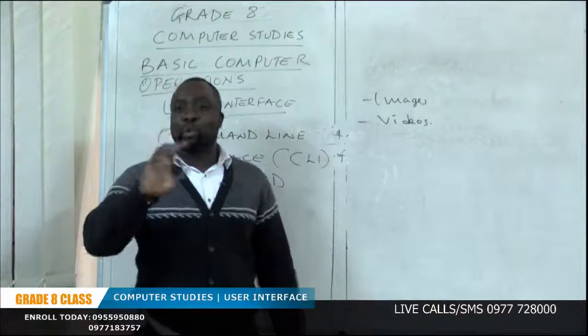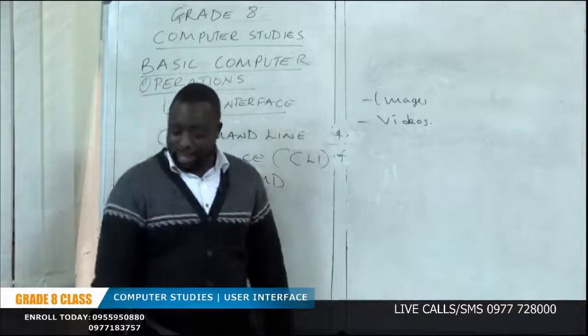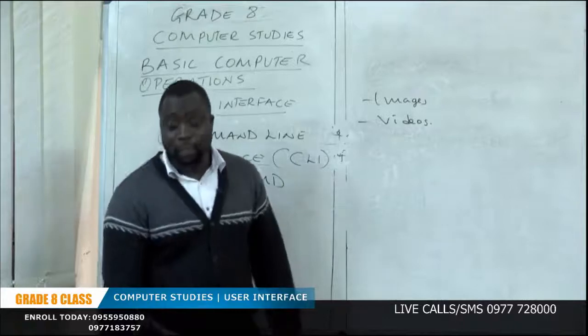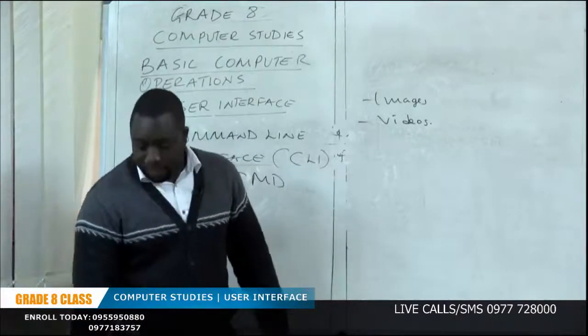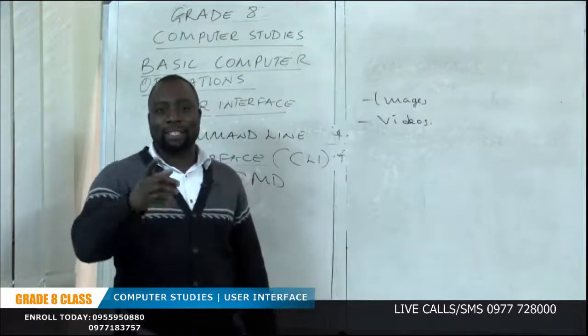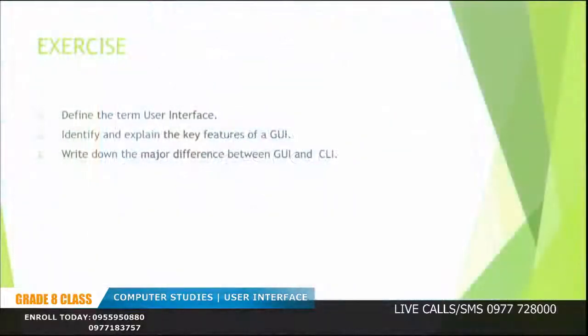I'm going to put the questions on the screen so that you are able to follow. I believe you can see them. The first question is: define the term user interface.